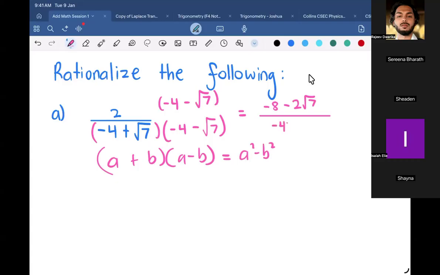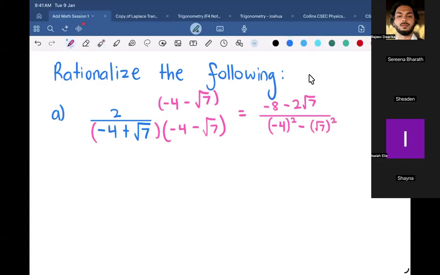I have a question. Am I going to write minus 4 squared like this, or am I going to put minus 4 in brackets? Put minus 4 in brackets, because that entire thing is A. So minus 4 squared minus what? Root 7 squared in brackets.